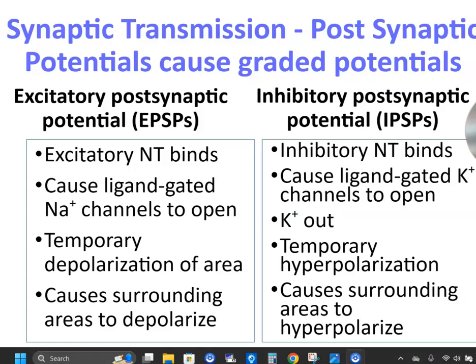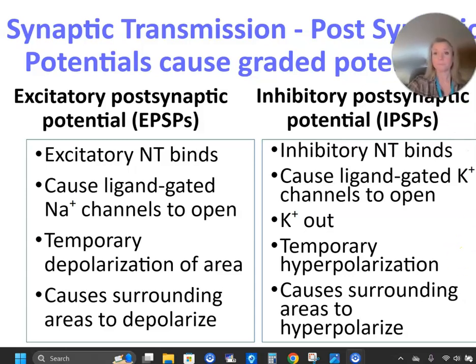It's going to cause a temporary hyperpolarization, or an over-separation of charge. The graph on the voltmeter is going to dip downward instead of making a hill moving upward. And it's going to cause the surrounding areas to hyperpolarize. And those potentials also are going to move, along with any EPSPs that are occurring, down to the axon hillock.